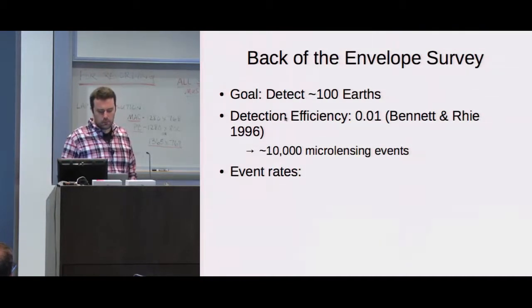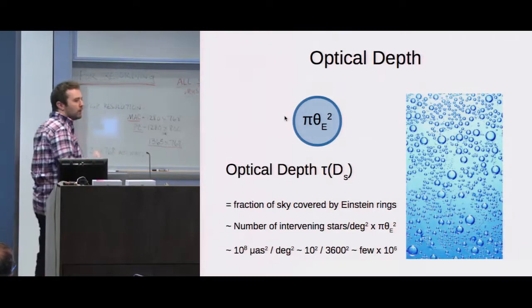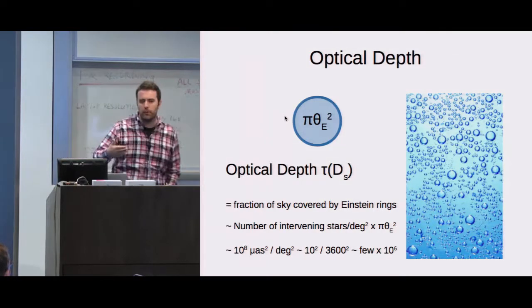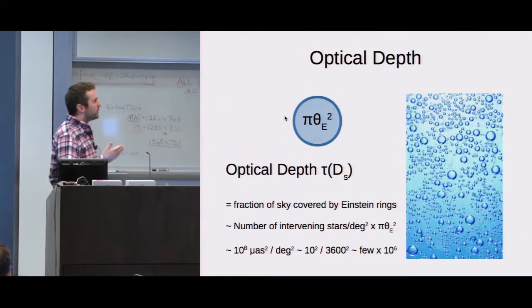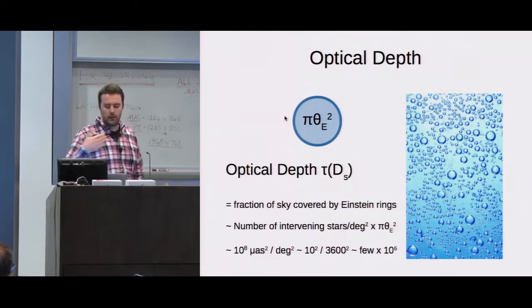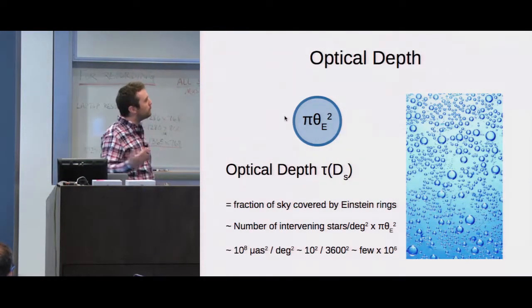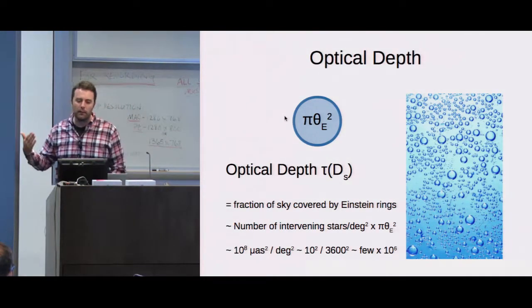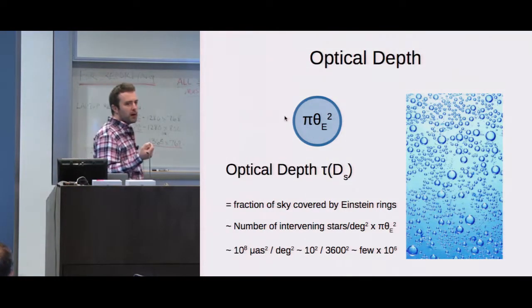So how do you find 10,000 microlensing events? To go through this, we need to go through a couple of basic concepts when it comes to microlensing surveys. You want to compute the rate at which events occur, but just before we do that, there's a slightly simpler concept, which is the optical depth to microlensing.